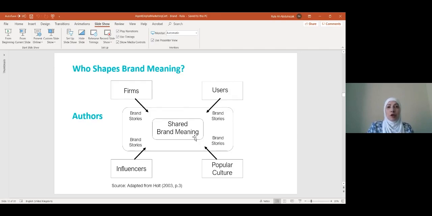So who shapes the brand meaning? Is it the marketers? Is it you, the agency, your advertising agency, your marketing communication team making decisions, or is it wider than that? Now we know that all the users involved in every content created about you are creating and sharing the meaning and then maybe changing it.